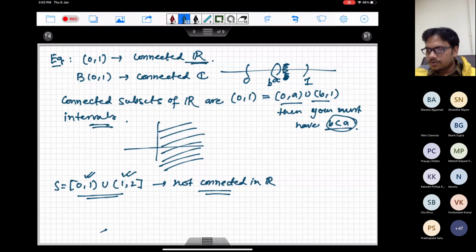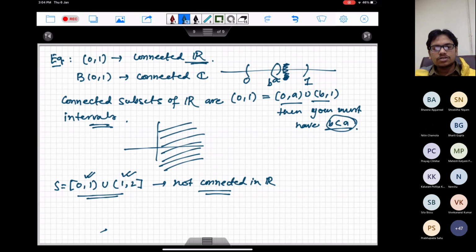Now if you just look at the intervals in the set of real numbers, by definition in an interval, if you take 2 points, all the points in between those 2 points are going to be there in the interval, right?